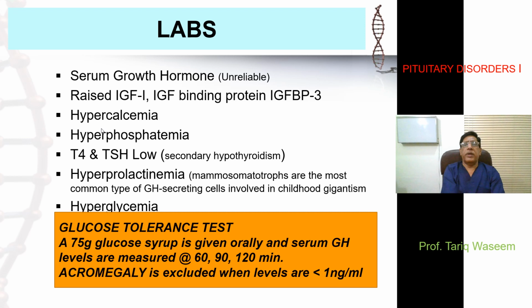But the most reliable test would be, as we said, when you have deficiency of a hormone, you try to stimulate it, and when you have an overactive gland, you try to suppress it. What suppresses growth hormone secretion is glucose.